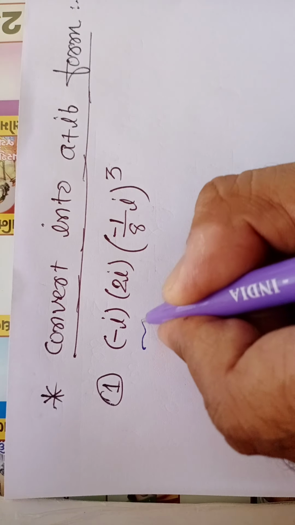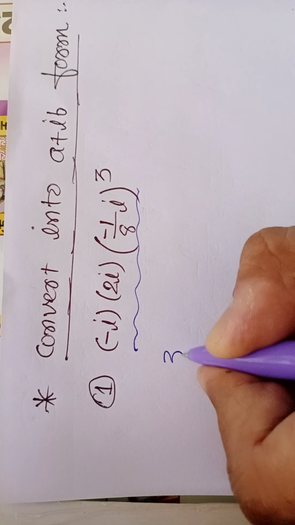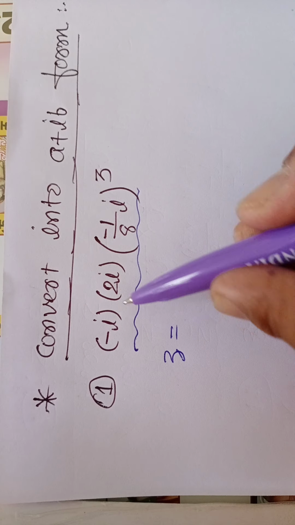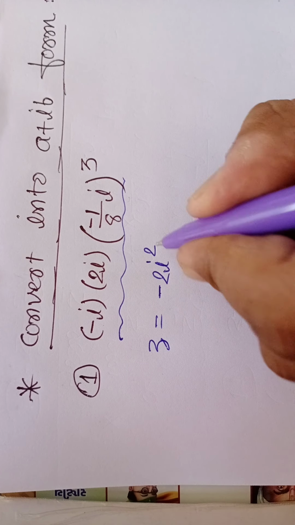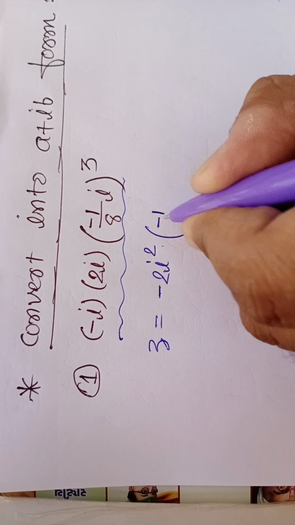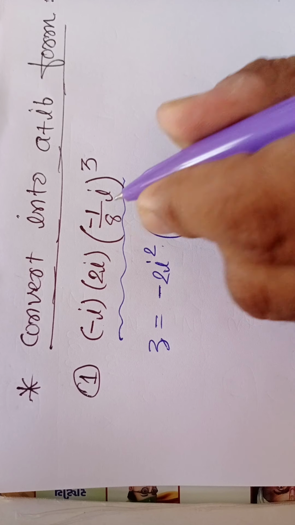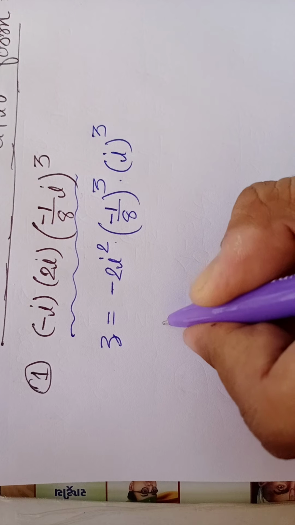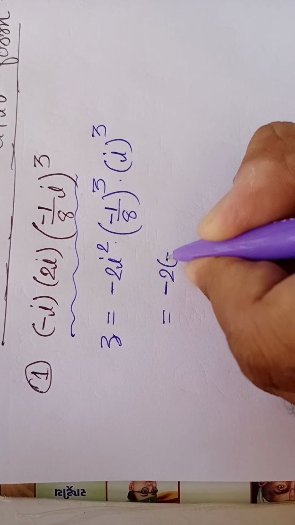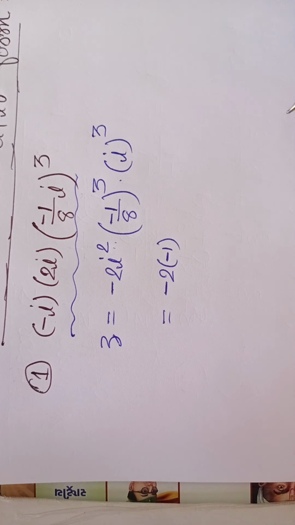Then this complex number can be written as z is equal to, first of all multiply these two terms, then minus 2i square into (minus 1 by 8) whole cube individually and i cube. See here, this is what? Minus 2 into minus 1, because i square is minus 1.